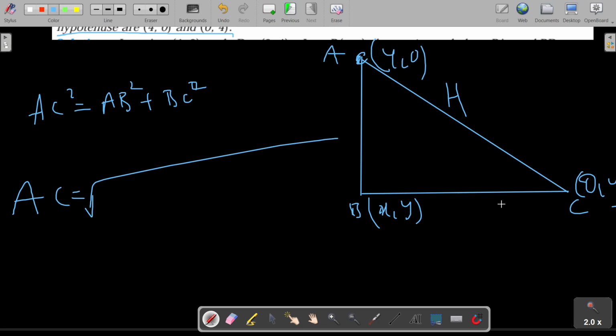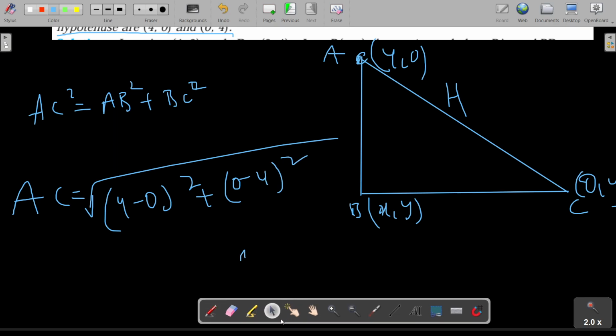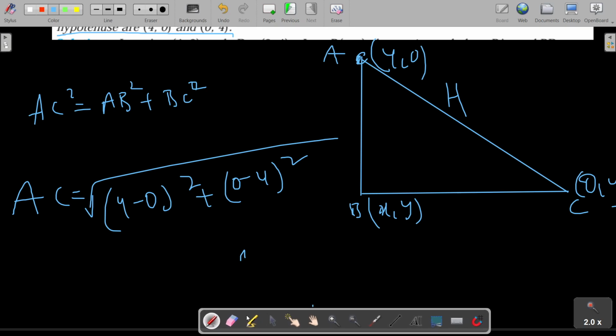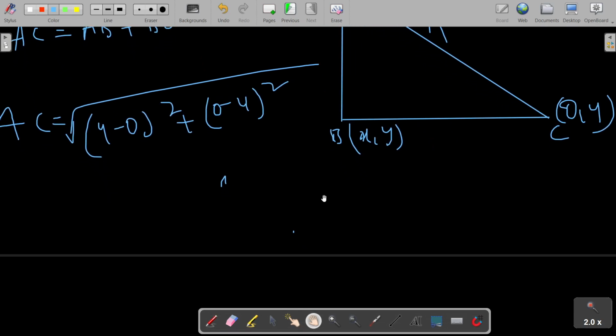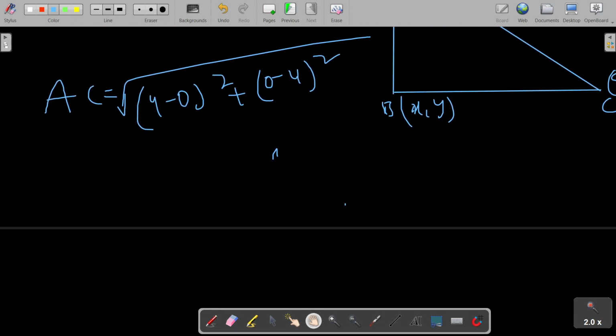AC is the distance between these two points, the hypotenuse. It is the square root of (4 minus 0) whole squared plus (0 minus 4) whole squared. In some textbooks the formula is x2 minus x1, but it doesn't really matter because we are squaring.